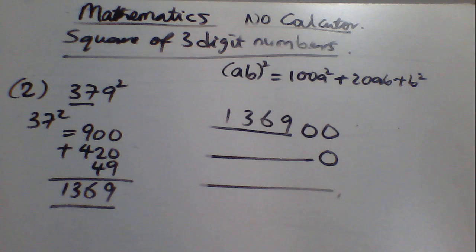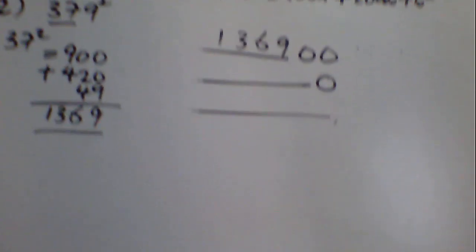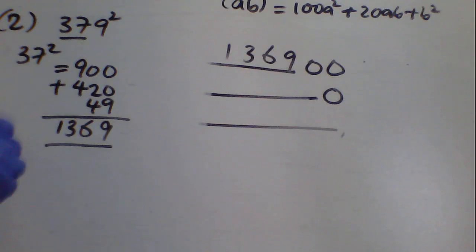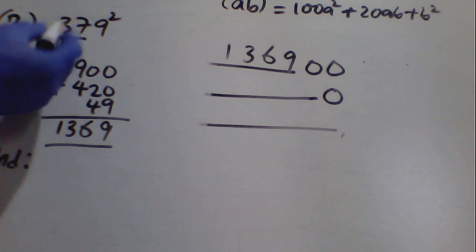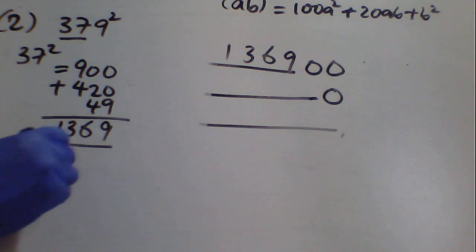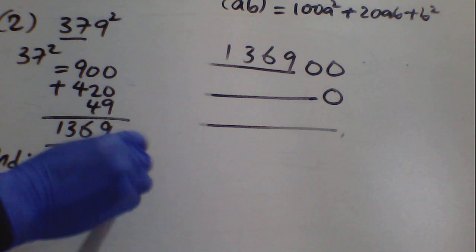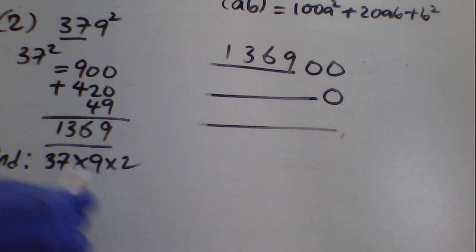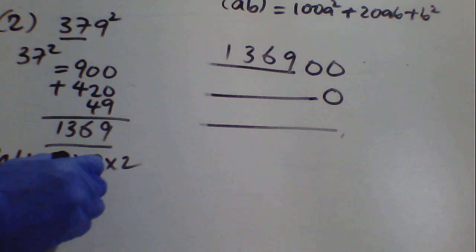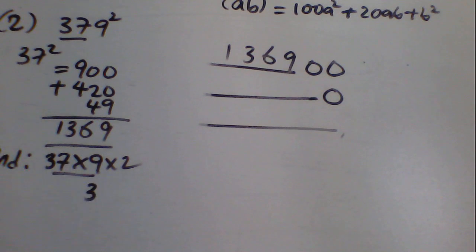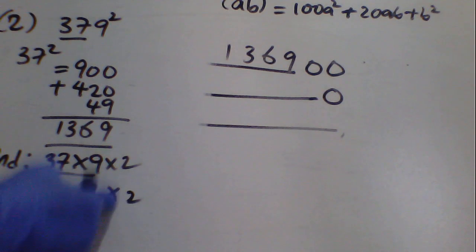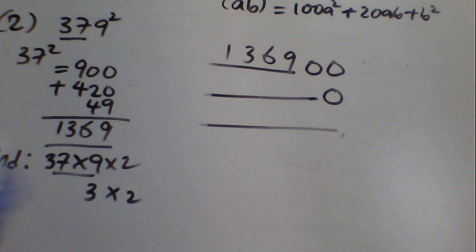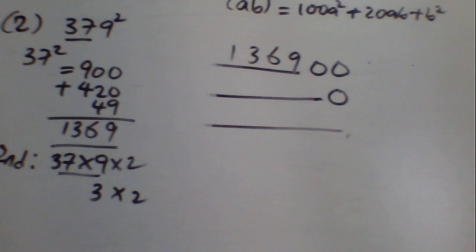Next is the second step. Multiply 37 by 9, 37 by 9 times 2. That gives us 9 times 7 will give us 63. I write 3. I hope you are following. You bring this times 2. 9 times 7 will give us 63.